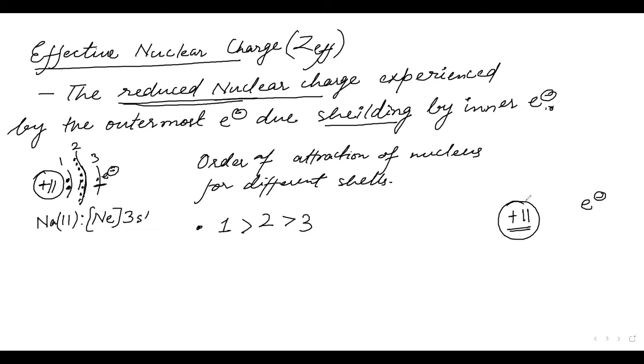What is the change that takes place if you remove the inner electrons? The outermost electron experiences the whole plus 11 charge, and due to this attraction it gets closer. So the sole reason is the increase in attraction, correct?